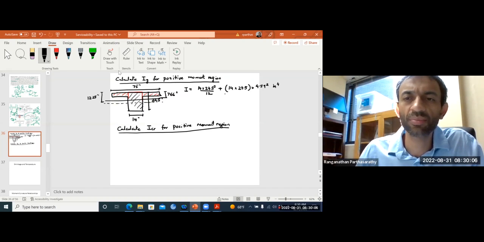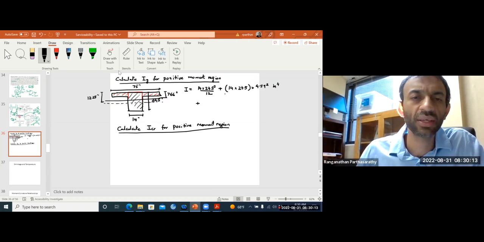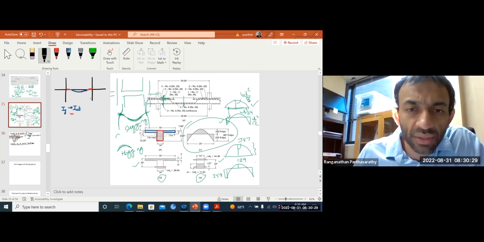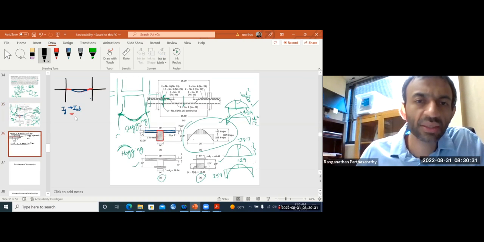This is your moment of inertia contribution from the rectangular block. Plus from the flanges, what do you have? Your width is effectively 75 minus 14, so that is 61. You have 61 times your depth of 5 inches.